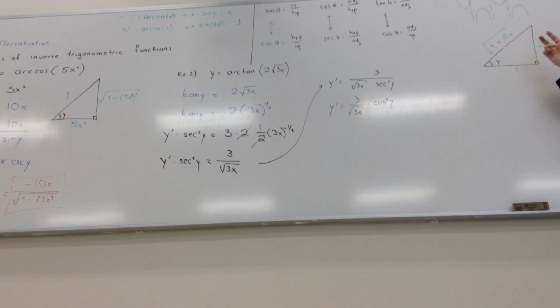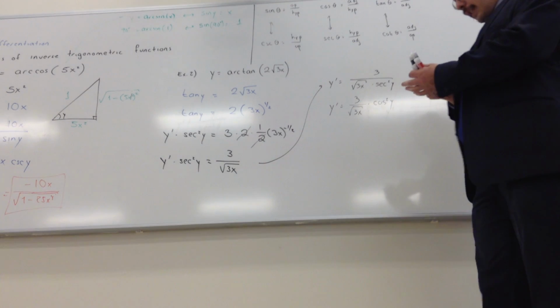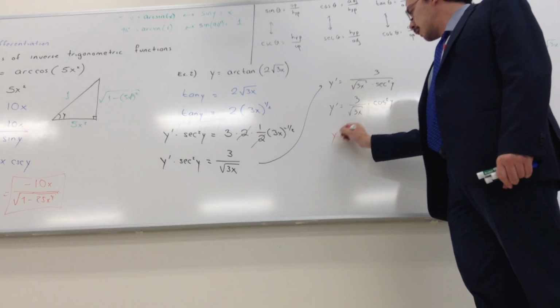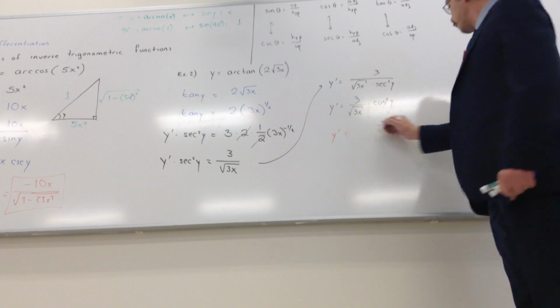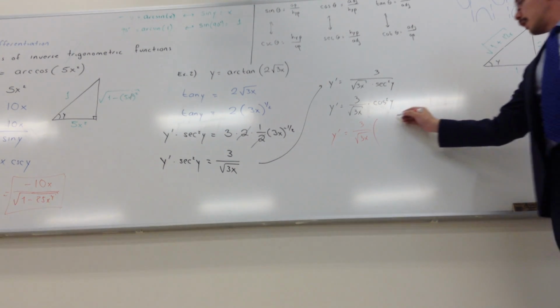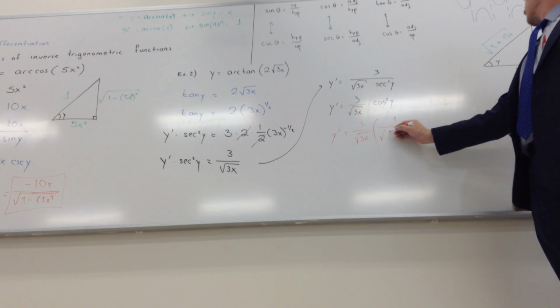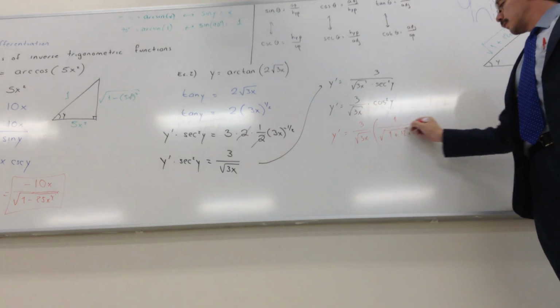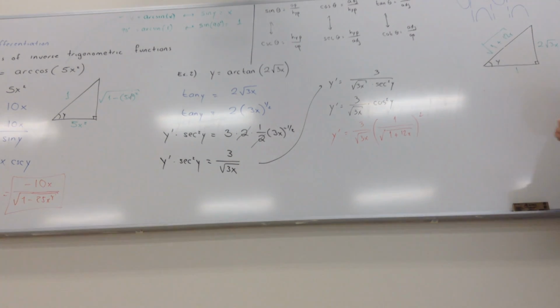Yeah? No. A ver, if you square 2 square root of 3x, what goes inside would be 4 times 3x, 12x. Okay? Answer: y prime equal to 3 times 1 over square root of 1 plus 12x, over square root of 3x.